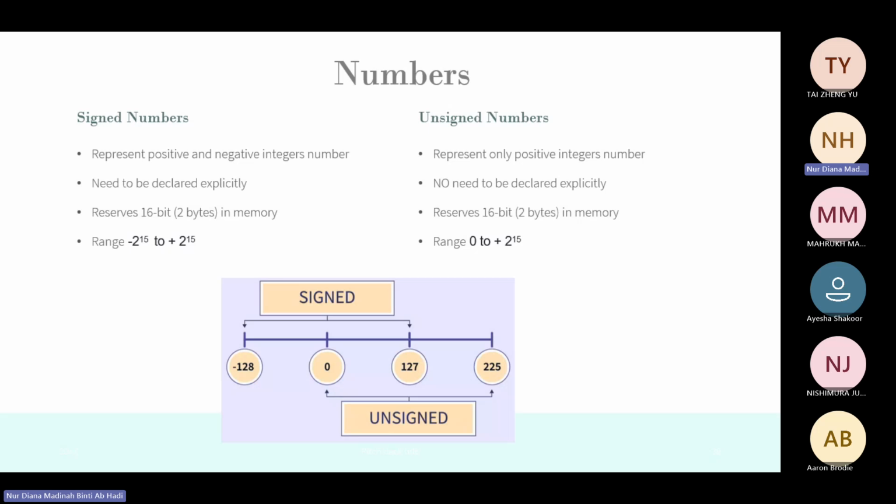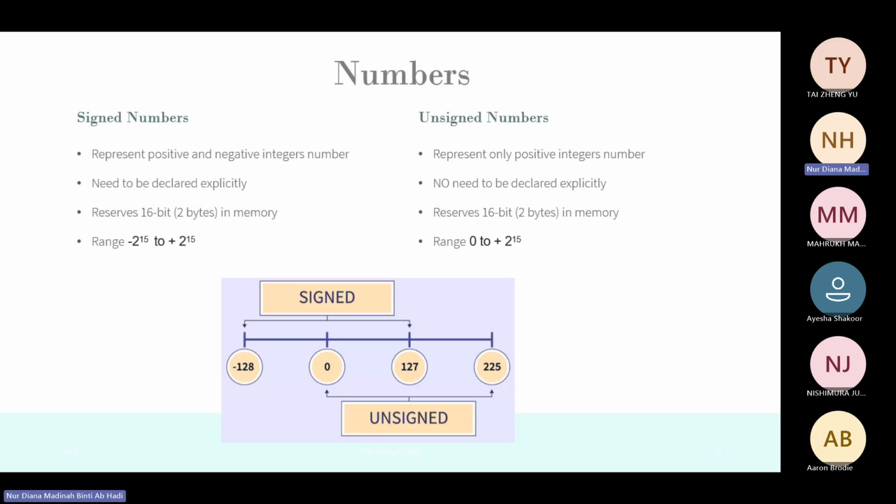We have our numbers. Numbers can be divided into two. The first one is the signed number, the second one is unsigned number. When we talk about signed numbers, it would be your positive and negative integer numbers. If we say unsigned, it only represents the positive integer numbers.